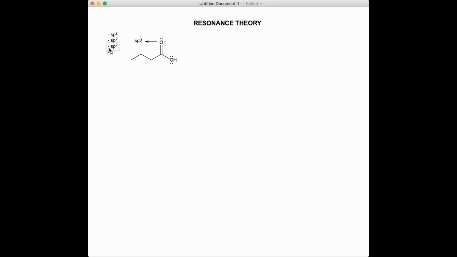Okay. So how many sigma bonds do we have in that oxygen? There's one sigma bond, meaning that one sp2 hybrid orbital will be used for that sigma bond. How many pi bonds do we have in that oxygen?